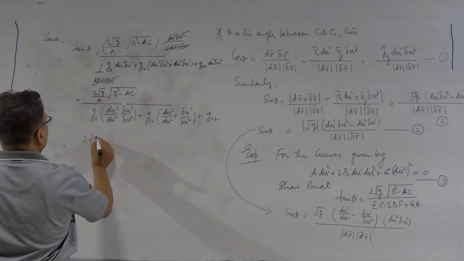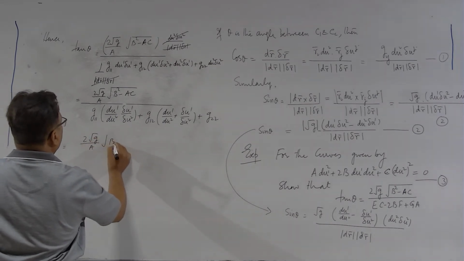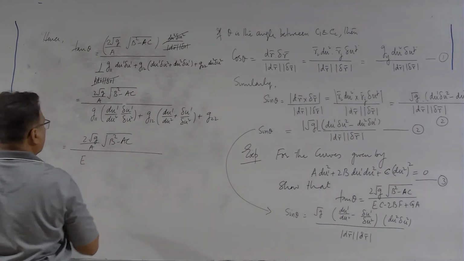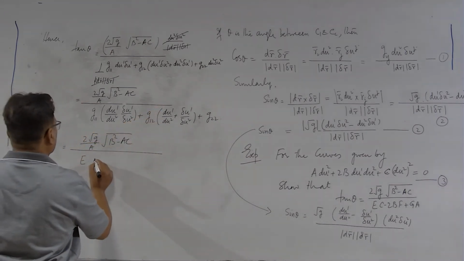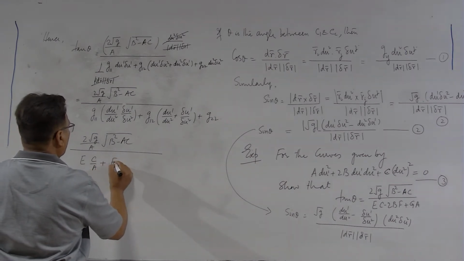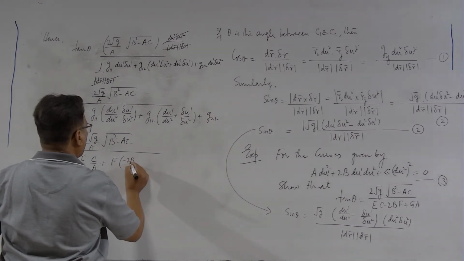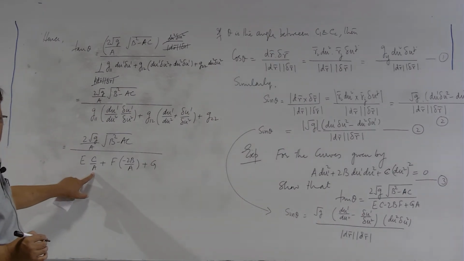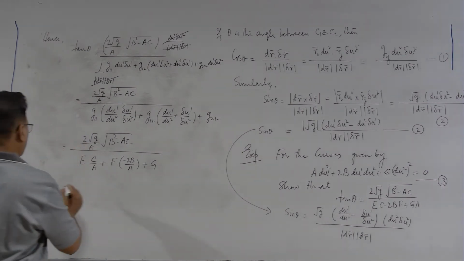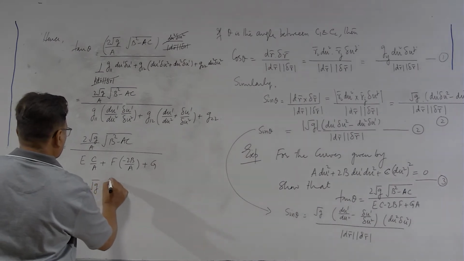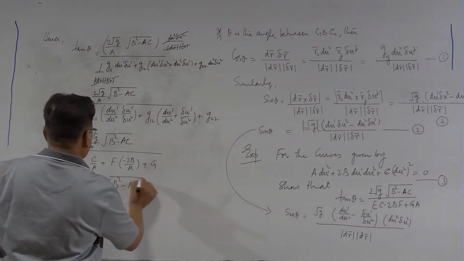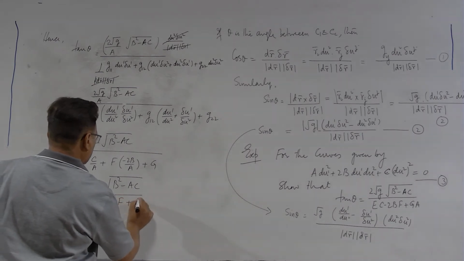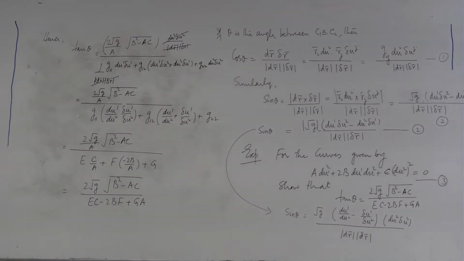So, you have in the numerator under root g upon a twice b square minus ac, and in the denominator g11 you may call as E, product of the roots is C upon A, you have just seen, plus g12 you are calling F, sum is minus 2B over A, and plus g22 is capital G. So, you take 1 upon A common from here also, and then you cancel it with this 1 upon A. So, you will be getting 2 under root G into B square minus AC upon EC minus 2BF plus GA, and that is what you wanted to show.